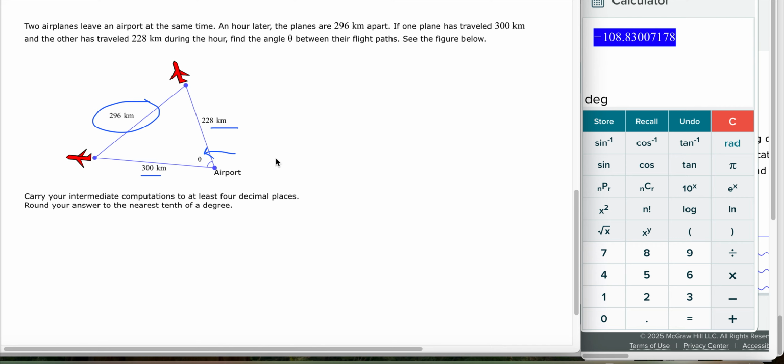Okay, so I have an angle and the side opposite the angle. And then we also have another side, so we can use law of sines. So I can say here is angle A, and then I would have the side A as well.